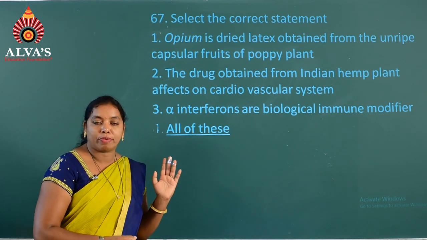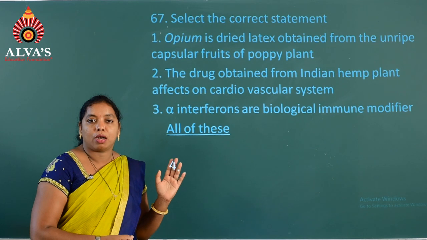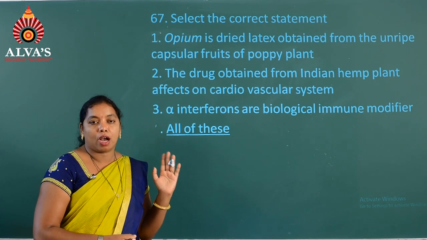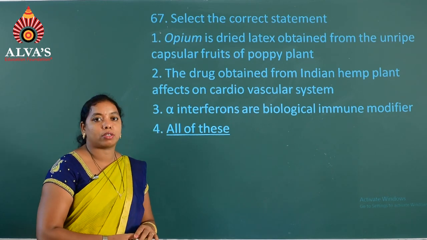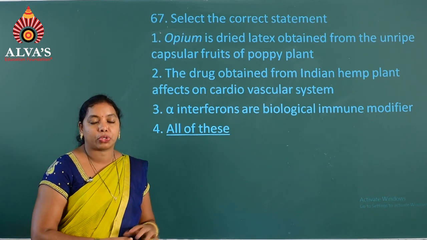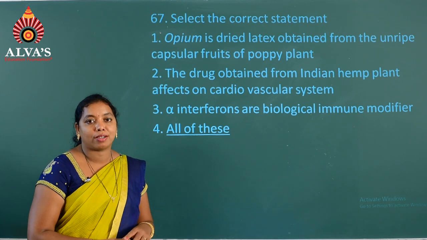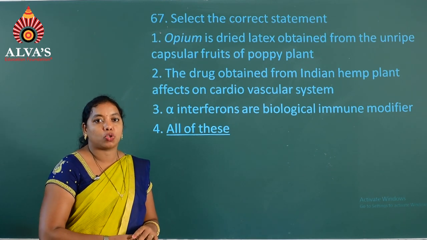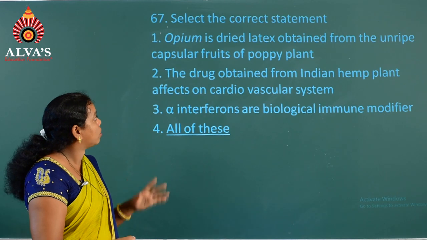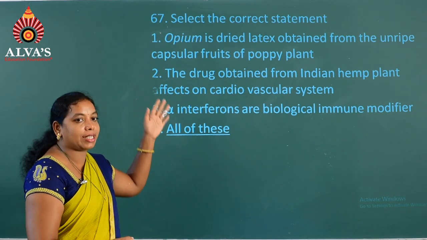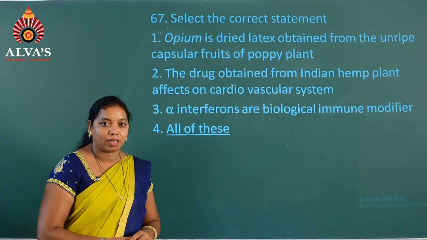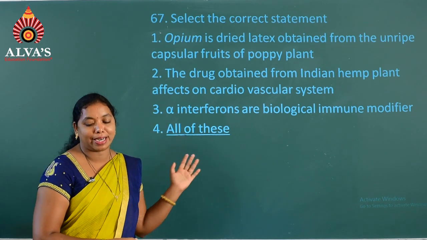Alpha interferon is one of the drugs used in cancer treatment, which is called immunological treatment. So, all the statements given are correct, hence option 4 is the right answer.